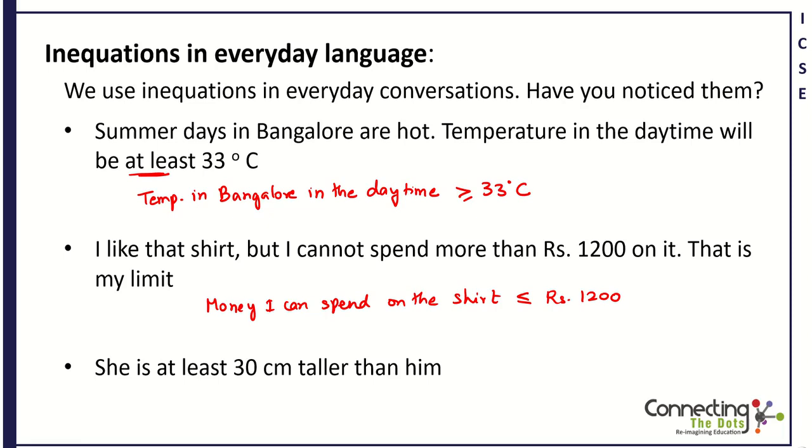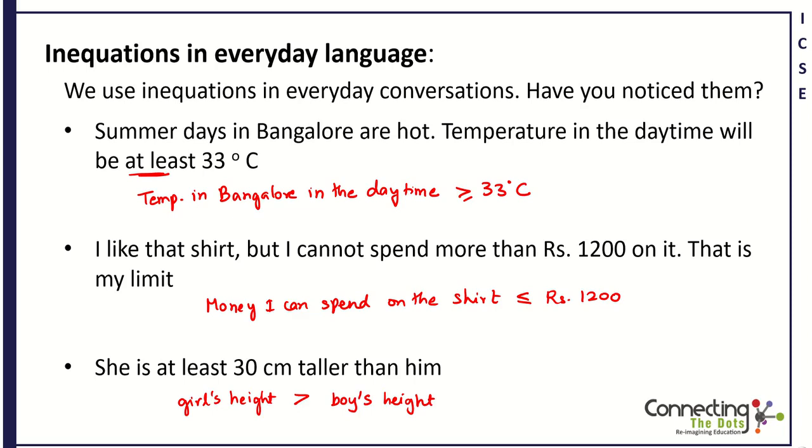She is at least 30 centimeters taller than him. So how do we express this? So like I said earlier, we can write it simply as girl's height is greater than the boy's height, but that does not capture all the information provided here. How do we use the fact that there is a 30 centimeters there? So what does it mean?